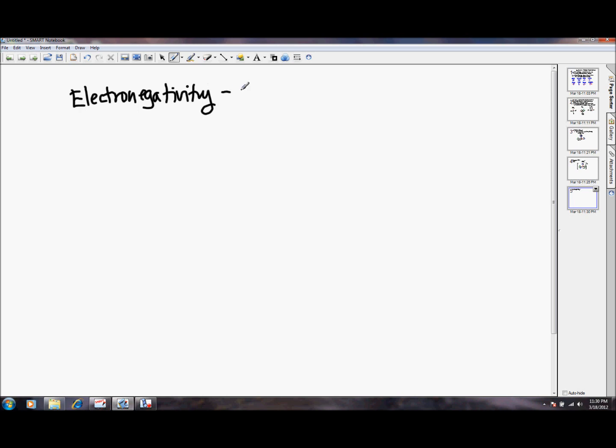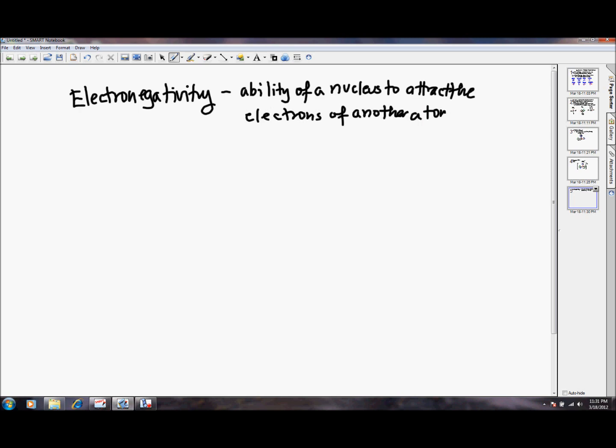So electronegativity is defined as the ability of a nucleus to attract the electrons of another atom. And it's simply something we measure.